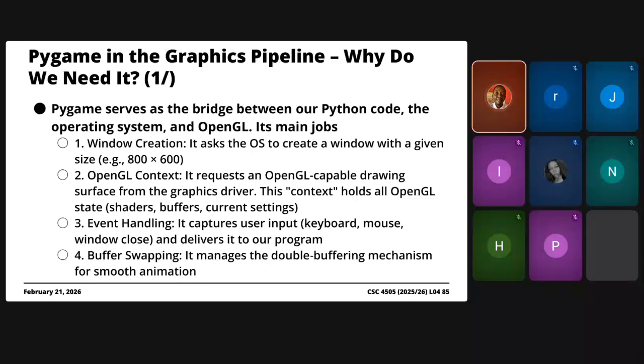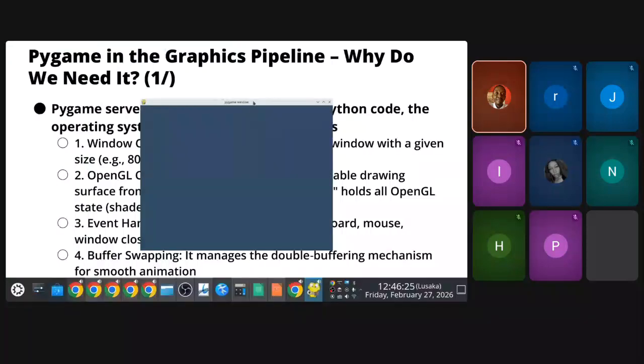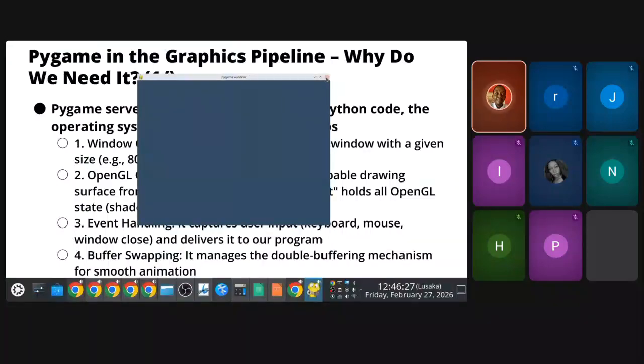More importantly, and this is important for all types of window-based applications, you'd want to handle certain types of events. Like, for instance, I have this screen. I want to be able to close it by clicking this X button to the top right. If I click on it, it should close.